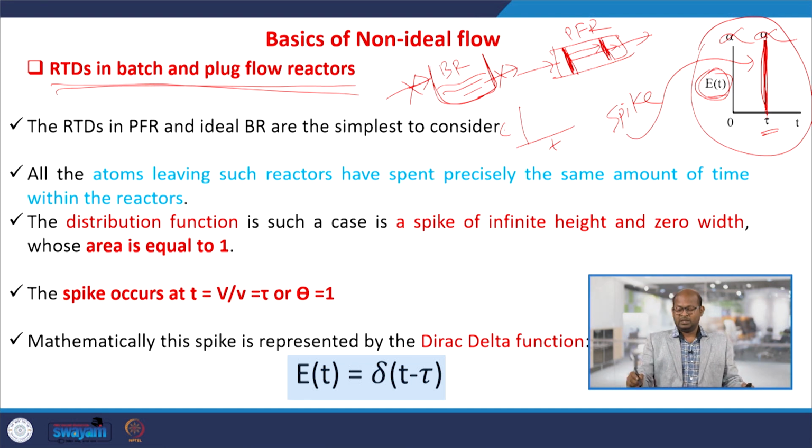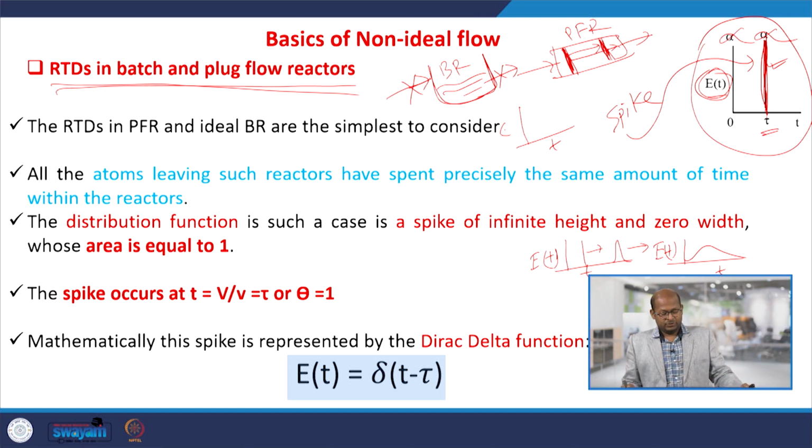In most cases the E curve usually comes like this, but when it is ideal it would be like this, and sometimes it comes like this. So, from the E curve we can say whether the reactor is perfectly ideal or not, from ideal to non-ideal nature.